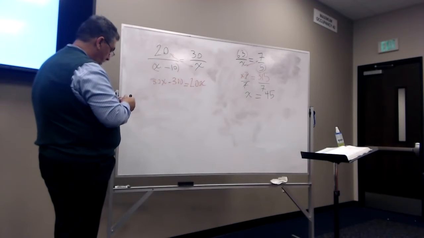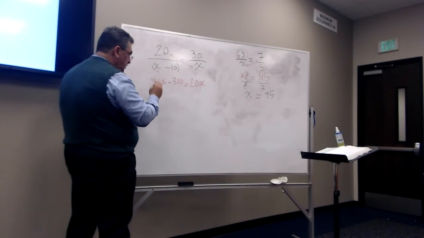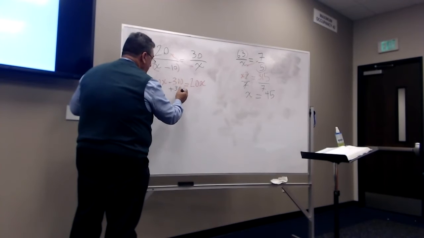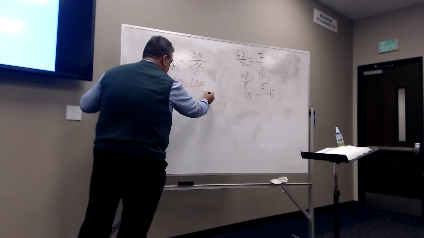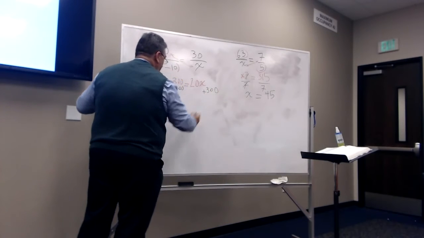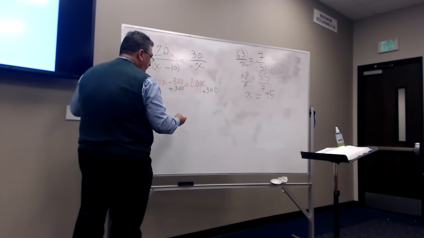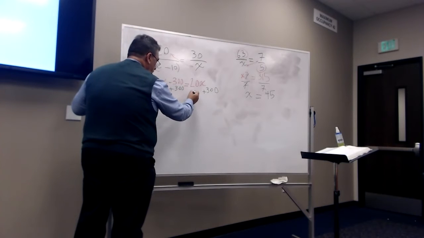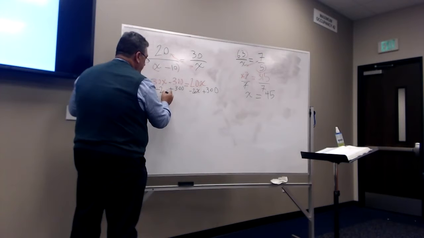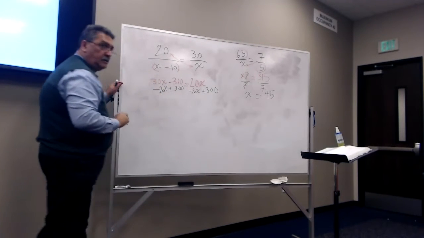Then, okay, or actually, add 30x to both sides. Add 30x to both sides, I'm sorry. And at the same time, you can minus 20x from both sides. Following me?